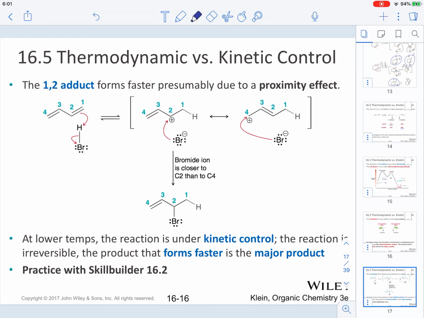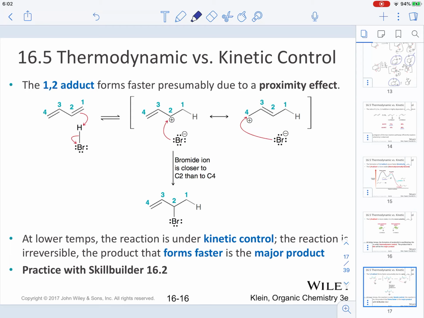Because the bromide ion is going to be closer to C2 compared to C4, it is thought that that is why this happens at lower temperatures, okay? So the reaction is going to be under kinetic control.